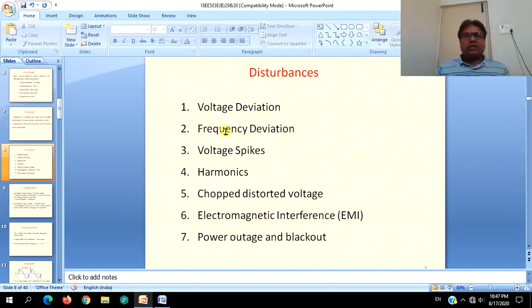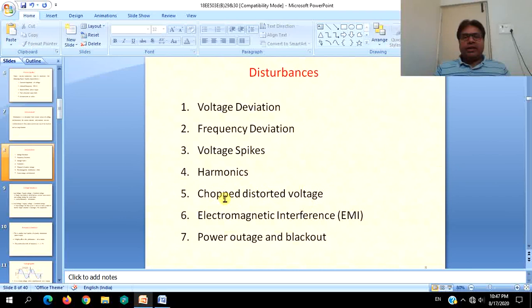Likewise, frequency deviation. Voltage spikes are sudden increases in the magnitude of the voltage which last for shorter times. Harmonics may be present during generation and transmission also, but here we are going to discuss mainly those due to the switching on and off of loads, which are mainly harmonic generating non-linear loads.